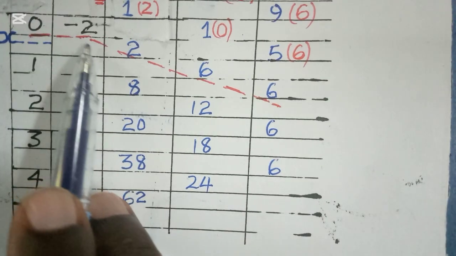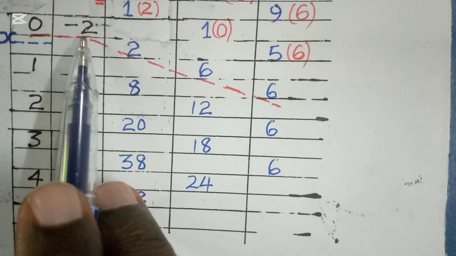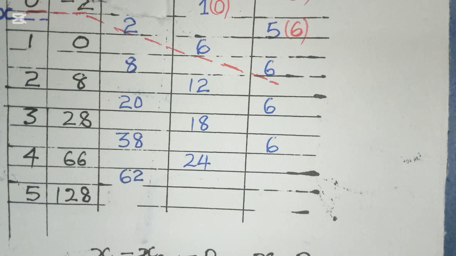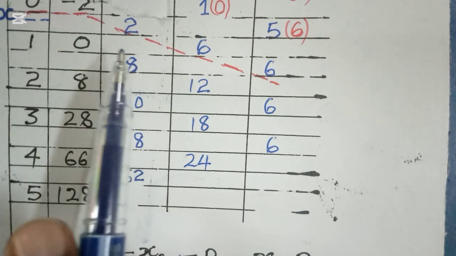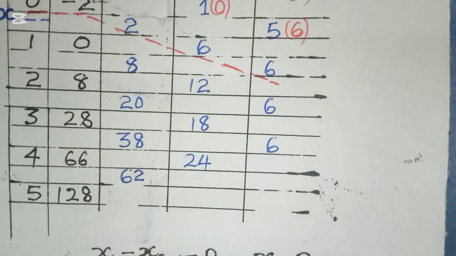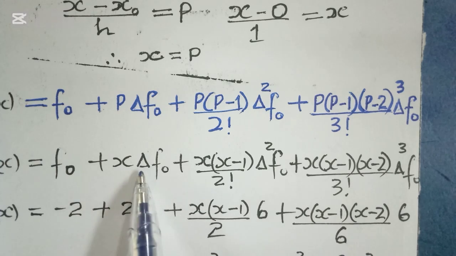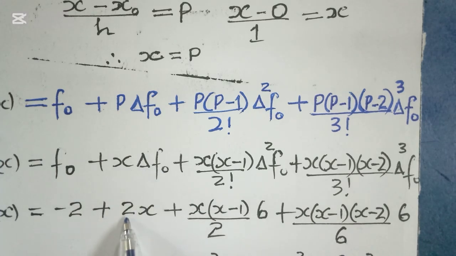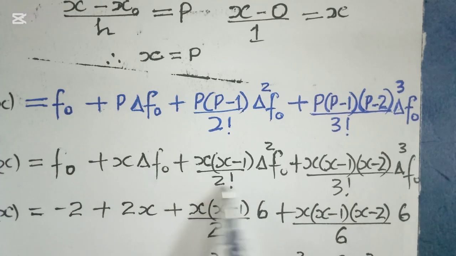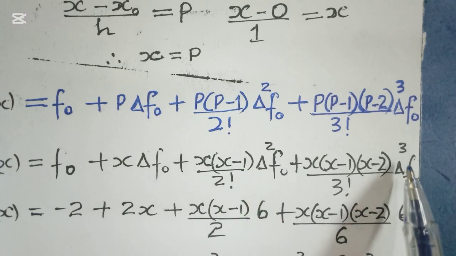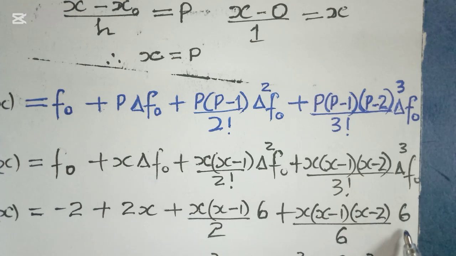So the first entry for f0 shall be 2, and the next, delta f0, is negative 2, then delta squared f0 is 2... as shown: delta f0 is 2, delta 2 f0 is 6, and delta 3 f0 is 6.